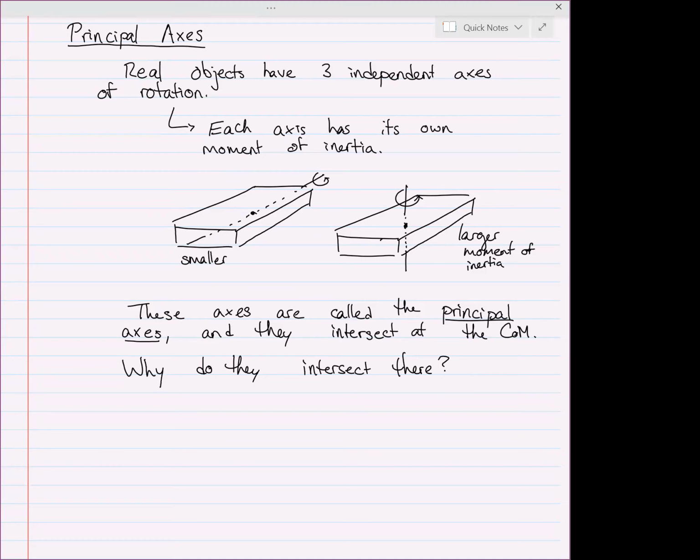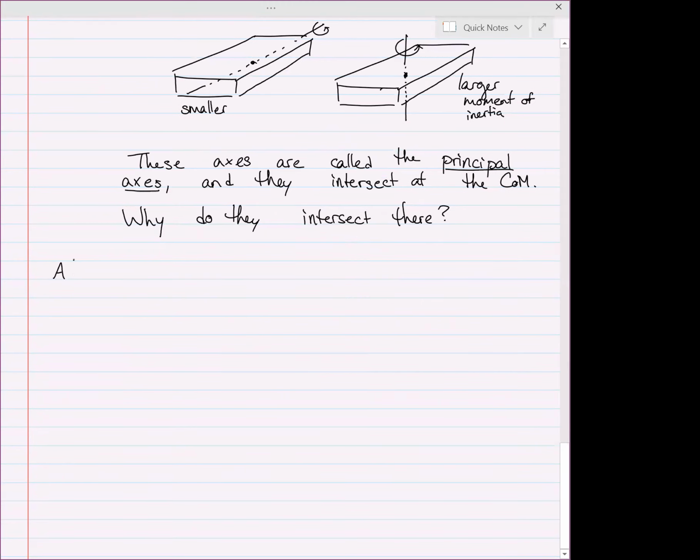Now, the principal axes are useful for the reason that will be coming shortly. So we need to talk about the additivity of rotational inertia and the parallel axis theorem.